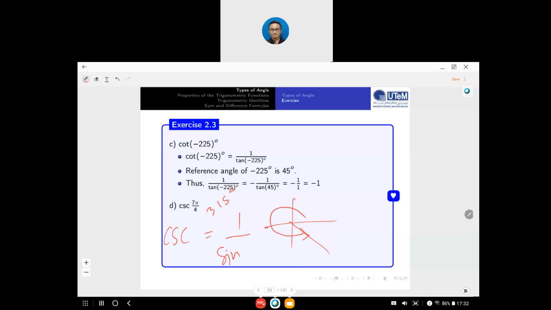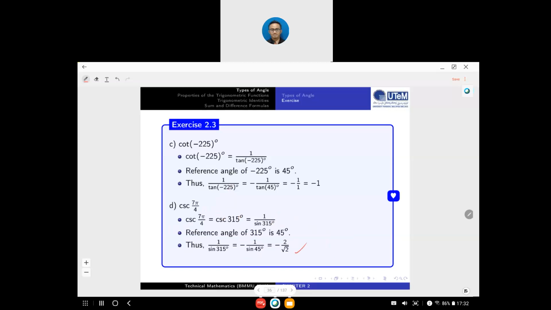What is the reference angle here? It is 45 degree, 360 minus 315. So 45 degree, and it is in the fourth quadrant. In the fourth quadrant, sine is negative. So you must find for the negative. So your answer is negative root 2.